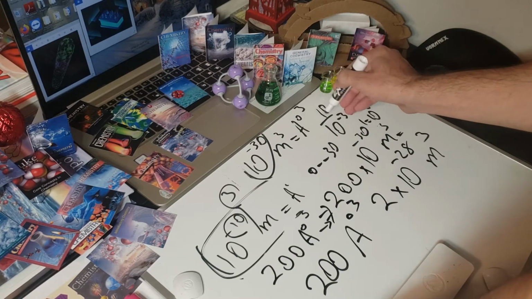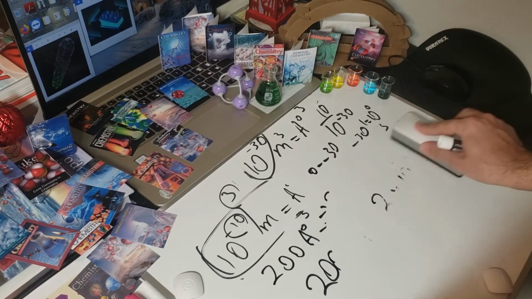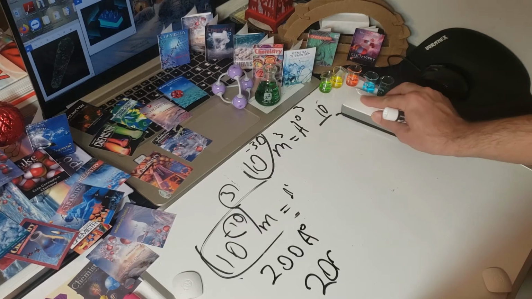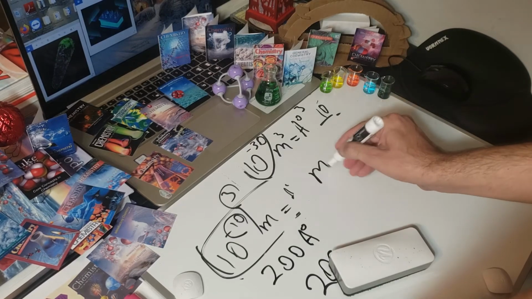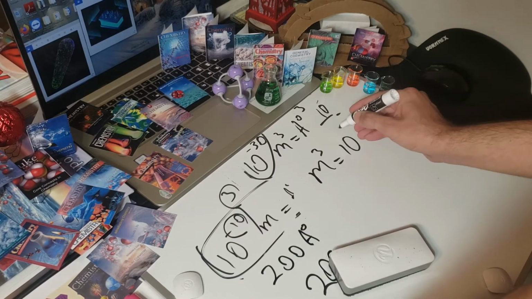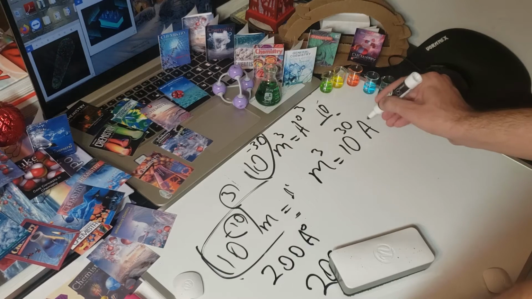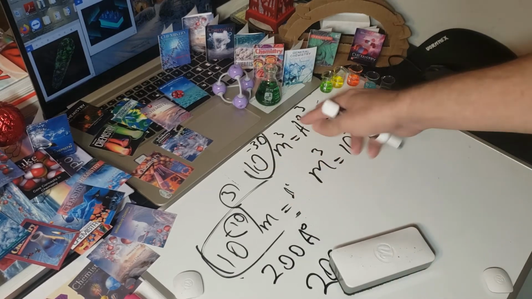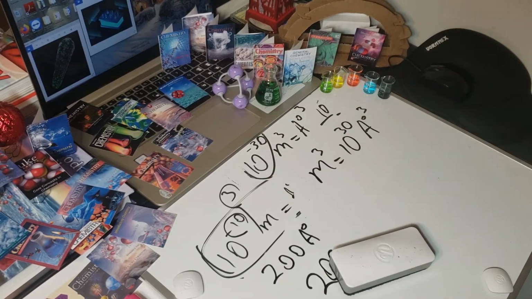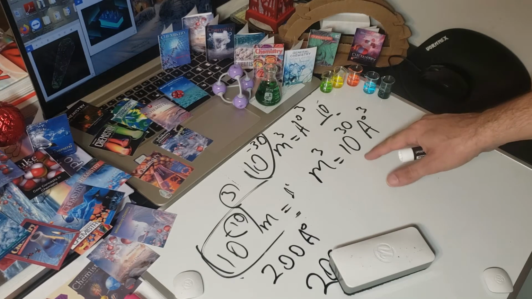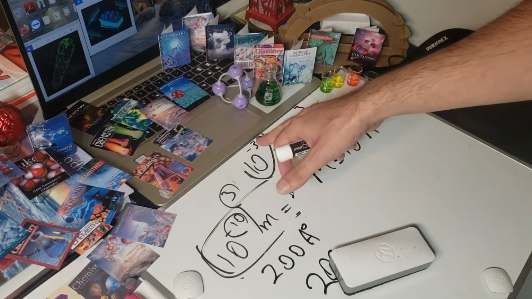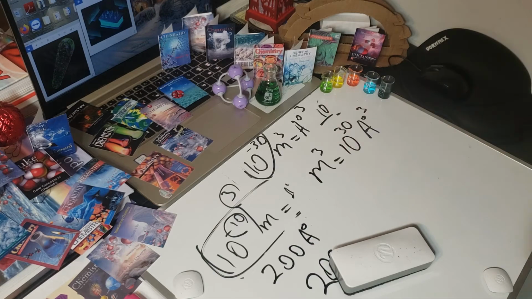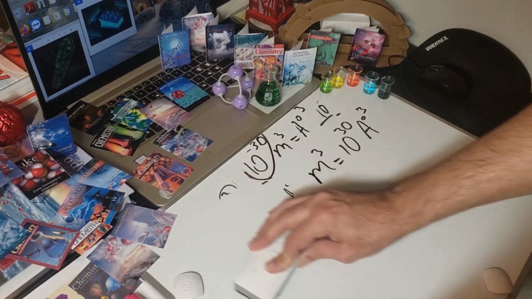So you could also have another conversion factor: a cubic meter is 10 to the 30 cubic angstrom. If you want the reverse, you just move the 10 to the power of thing to the other part and change the sign. So that's how you do this, and it's important.